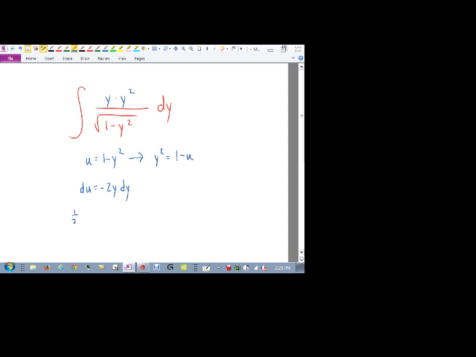Over here, negative 1 half du is y dy. Ooh, okay, so what am I going to do? Everywhere I see y dy, that's going to be replaced by negative 1 half du. Wherever I see y squared, that's going to be replaced with 1 minus u. And then everything on the bottom is going to become square root of u.